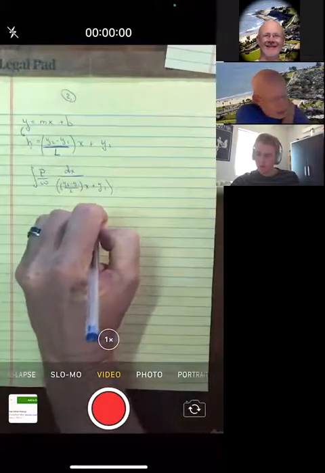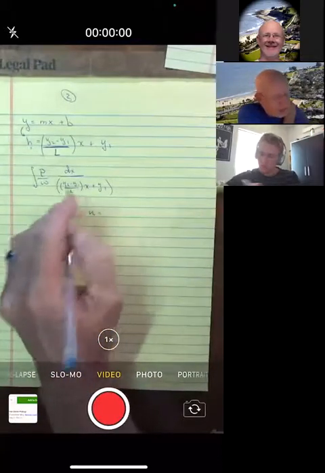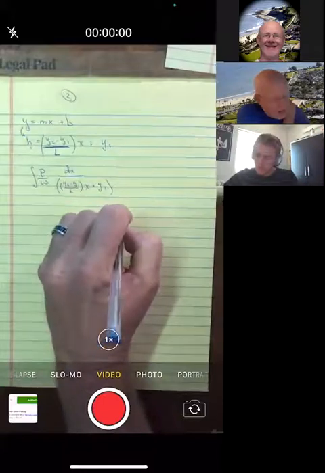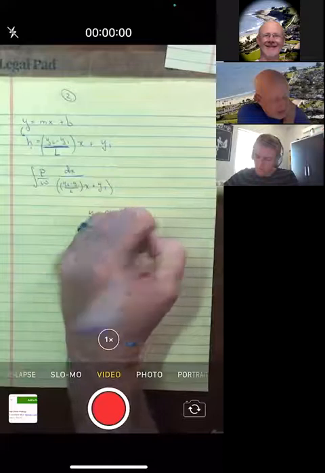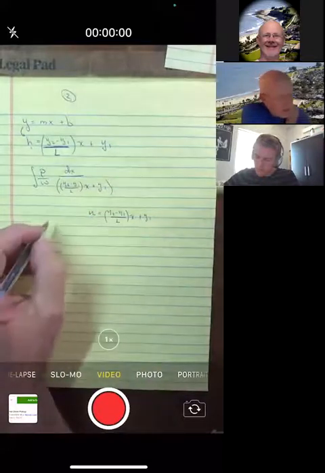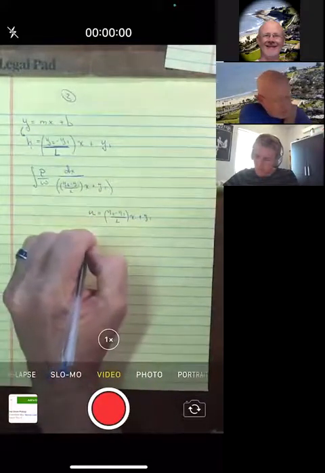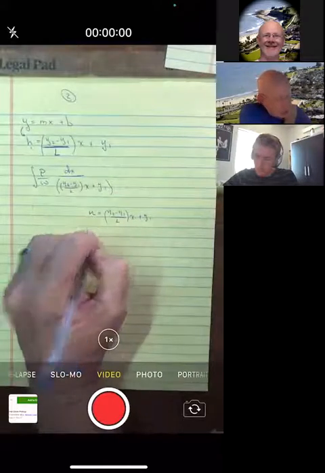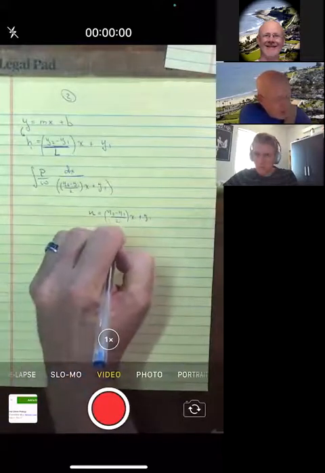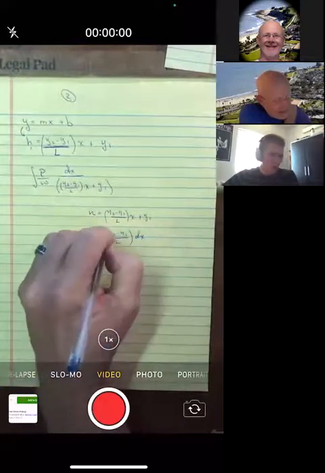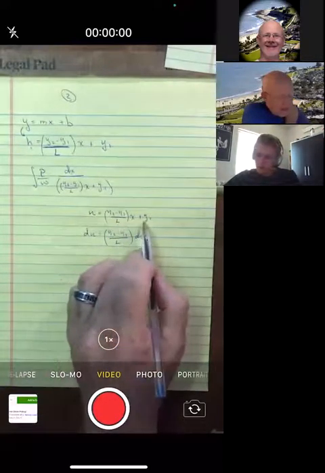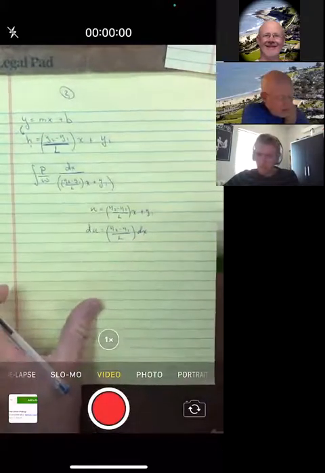Let's say u is equal to, and I'll just put that whole thing, y2 minus y1 over L times x plus y1. So that whole thing is going to be u. So du would be y2 minus y1 over L dx, and the derivative of a constant would be 0.